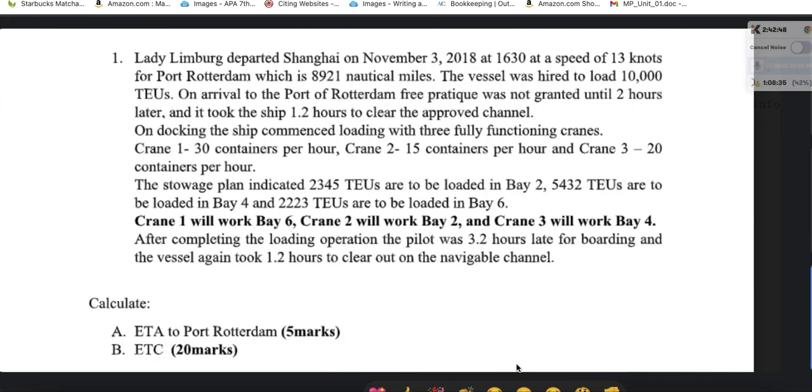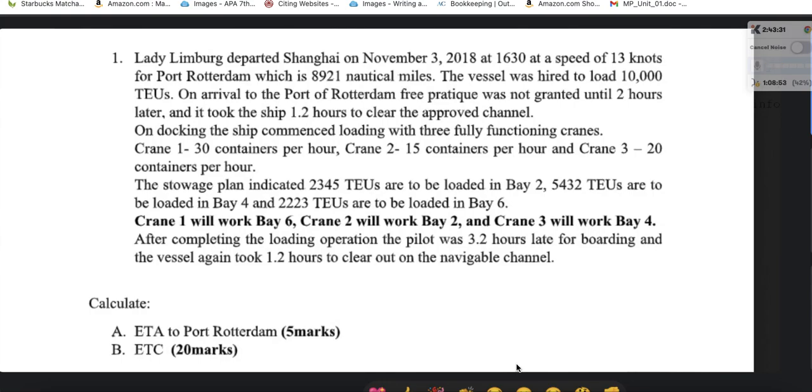Can't chat. Copy link address. Alright, I'm sending the link.